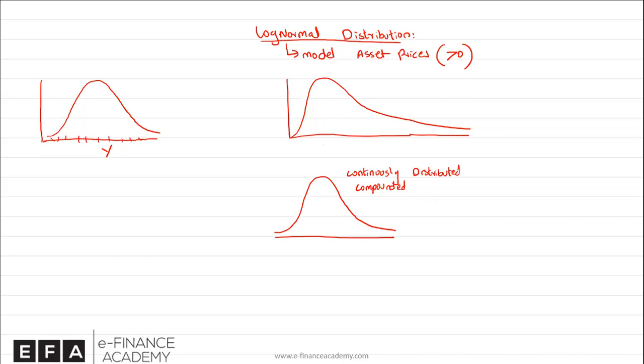All right, so if the returns are continuously compounded and they are normally distributed, then the future stock price would actually be log normally distributed.